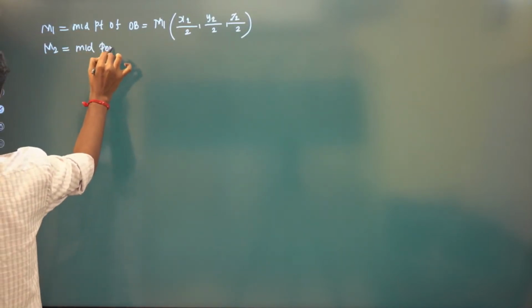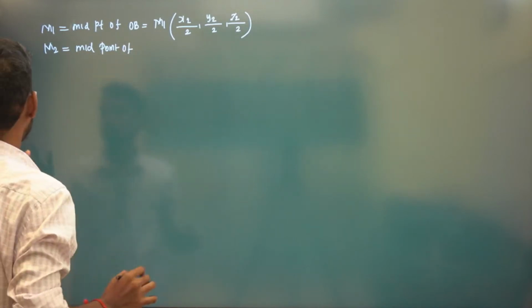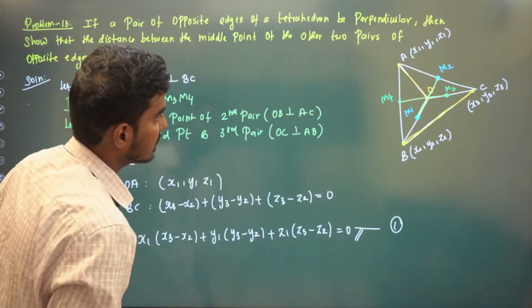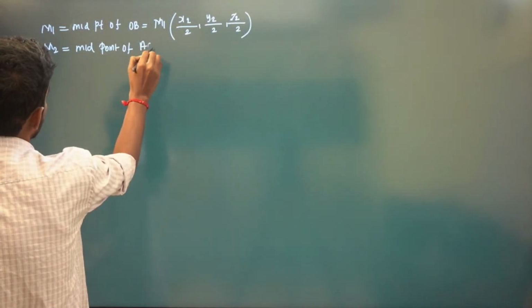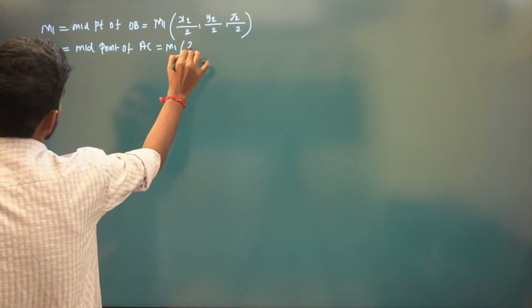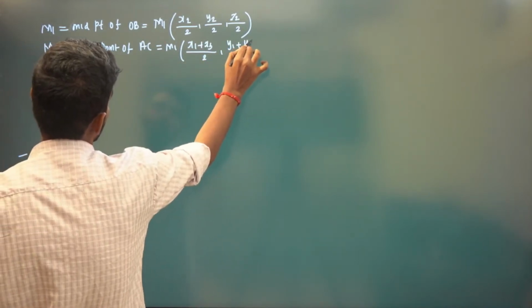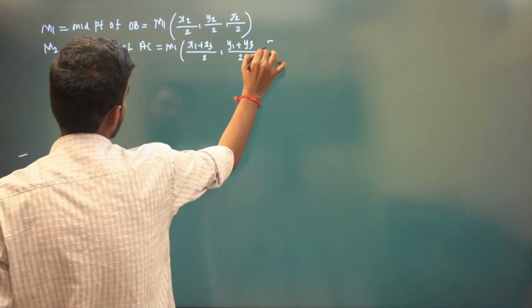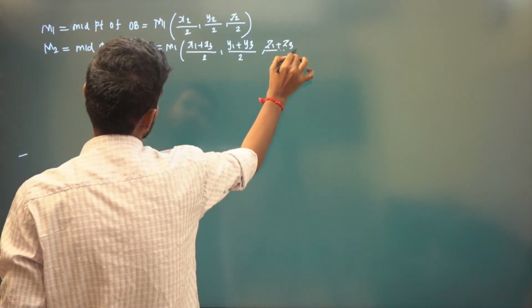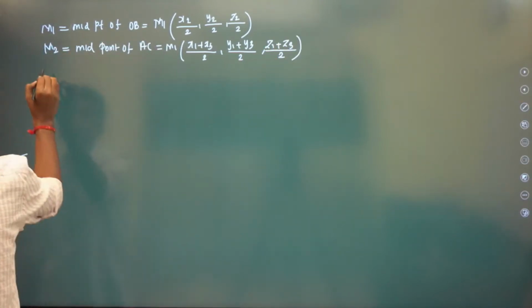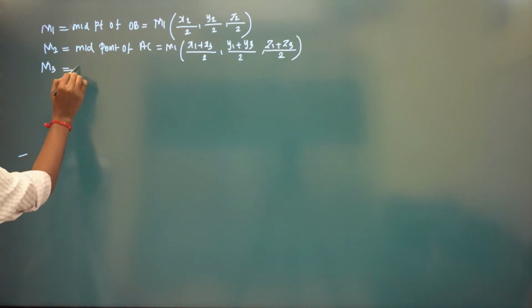And again, what is M2? M2 is the midpoint of AC, which is (x1 plus x3) by 2, (y1 plus y3) by 2, (z1 plus z3) by 2. Similarly, M3 and M4.